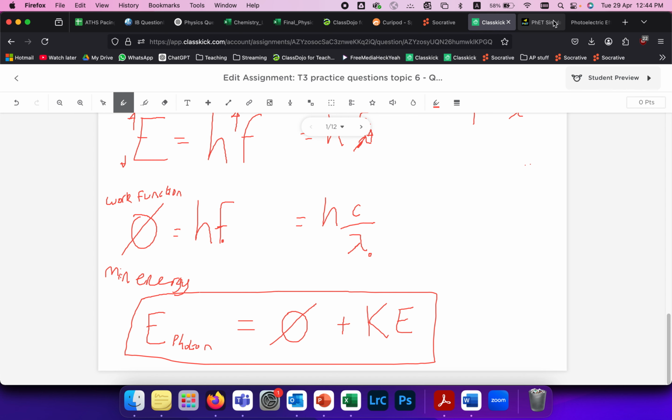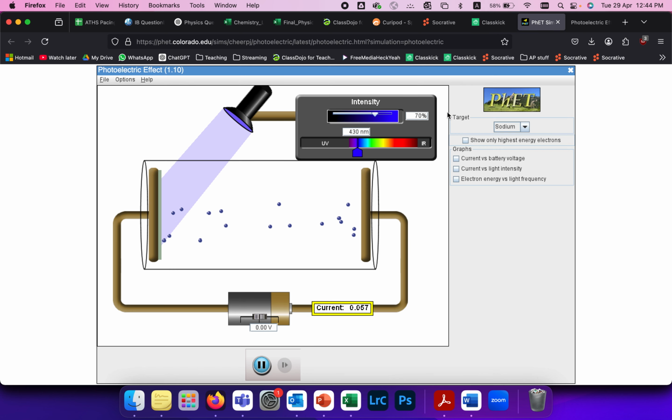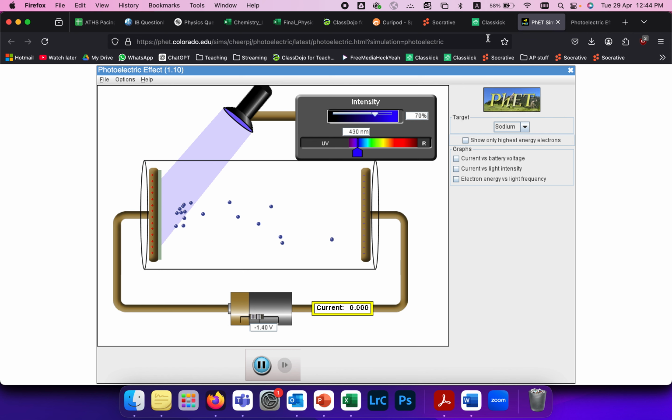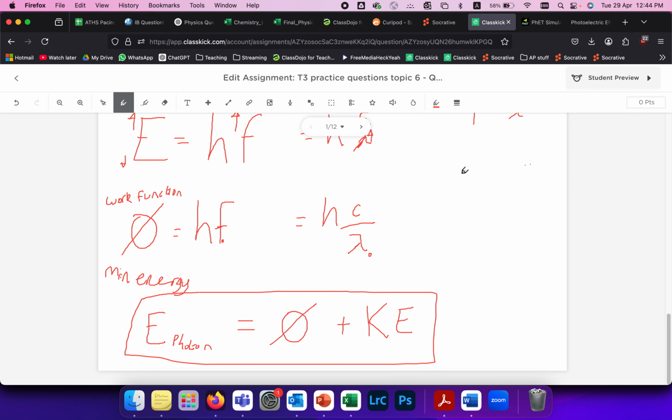Another thing we should know is about this stopping potential. This stopping potential is trying to cancel out this kinetic energy. So it should be equal to the kinetic energy. Well, that's voltage. You know from previous terms, W equals QV. This is a formula for work done, and this is voltage, this is the charge.